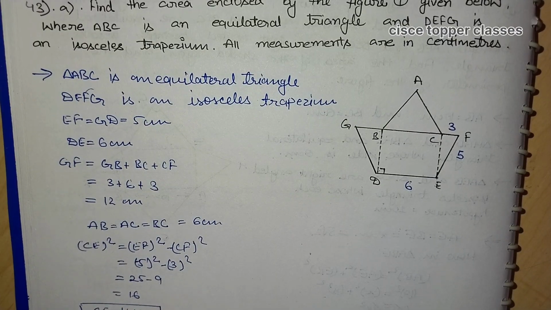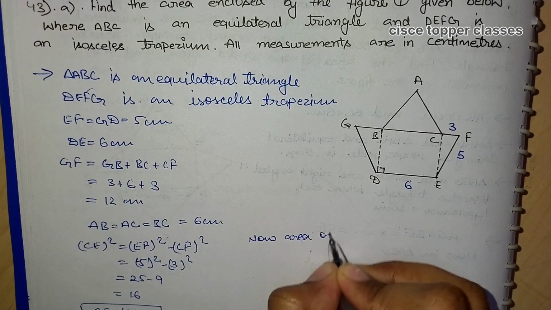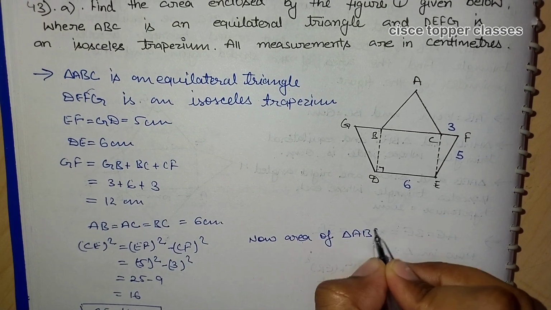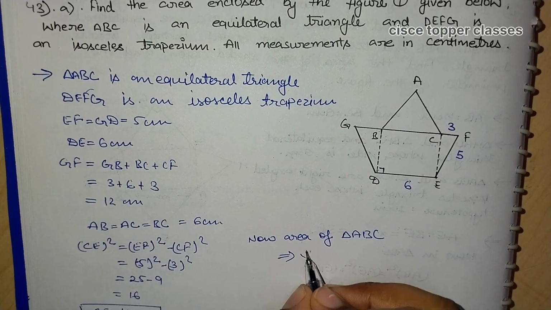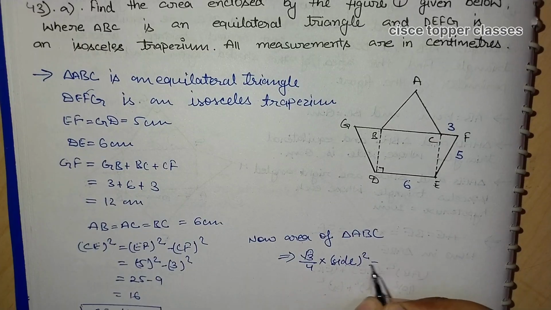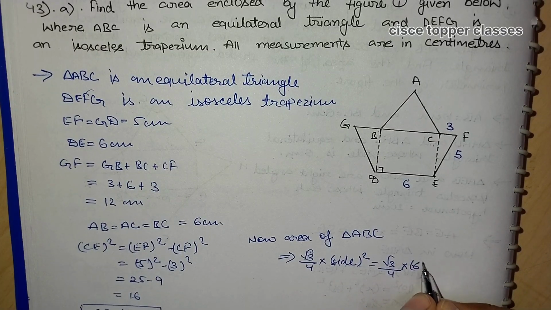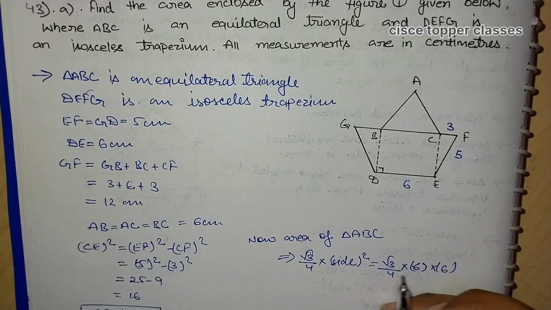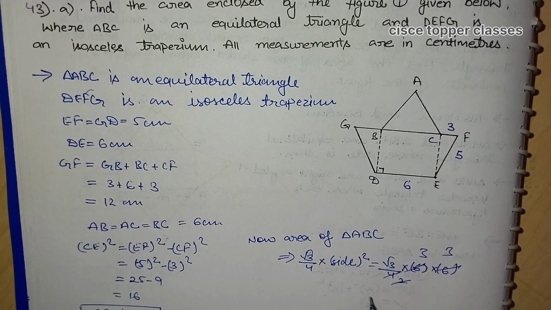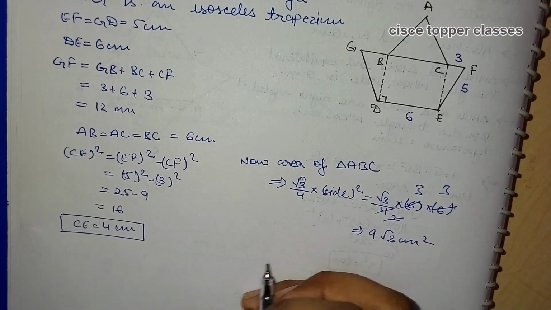If CE is equal to 4 centimeter, now area of triangle ABC we can write as, because this is an equilateral triangle, under root 3 by 4 into side ka whole square. We'll put the value, so it will be under root 3 by 4 into side BC, so this is 6 into 6. We'll cancel out this part here, and 4 2 3, this will be again 3. So 9 under root 3 centimeter square is the area of triangle ABC.